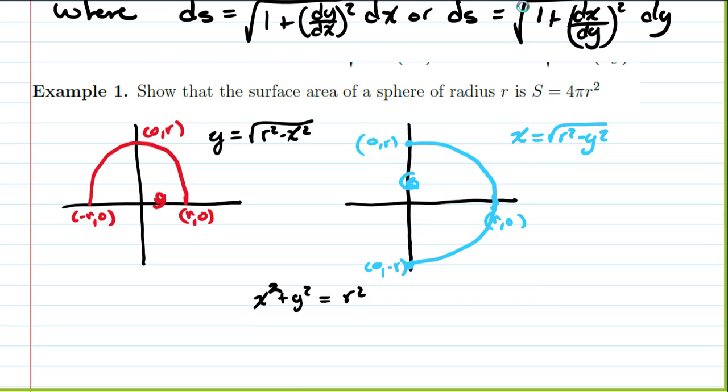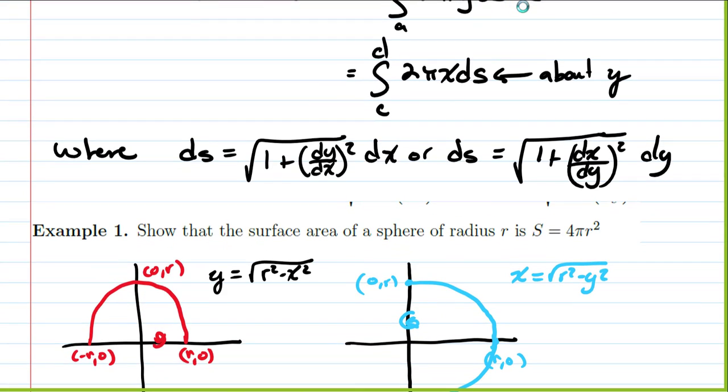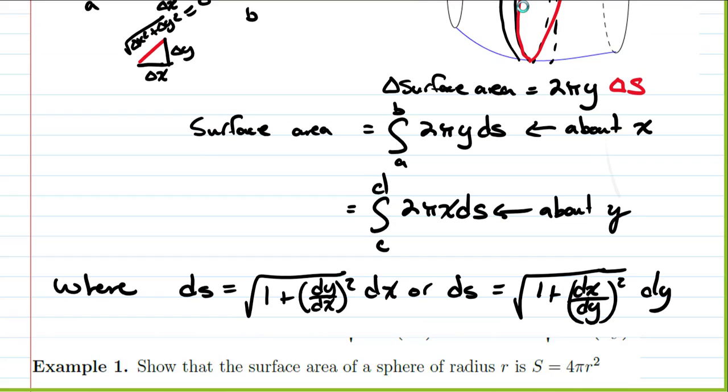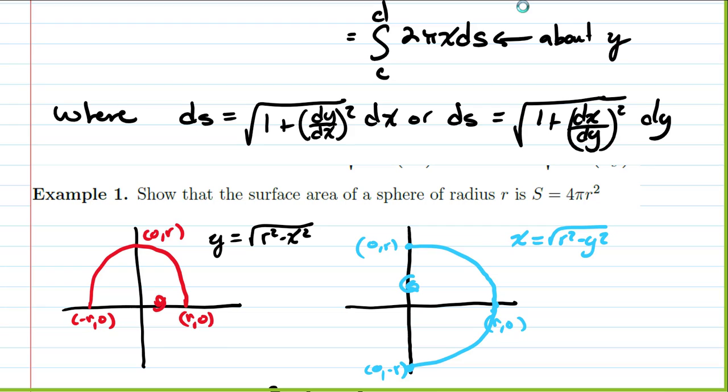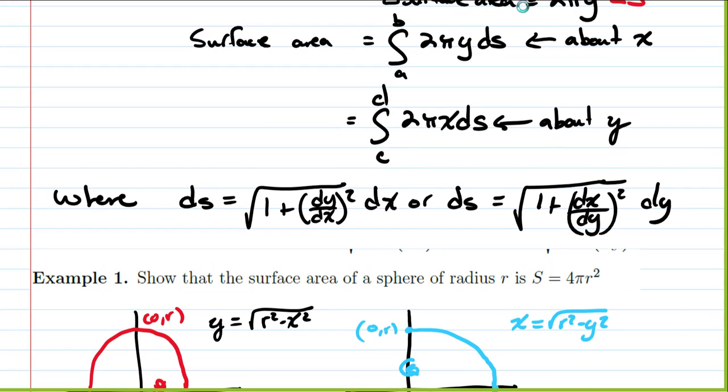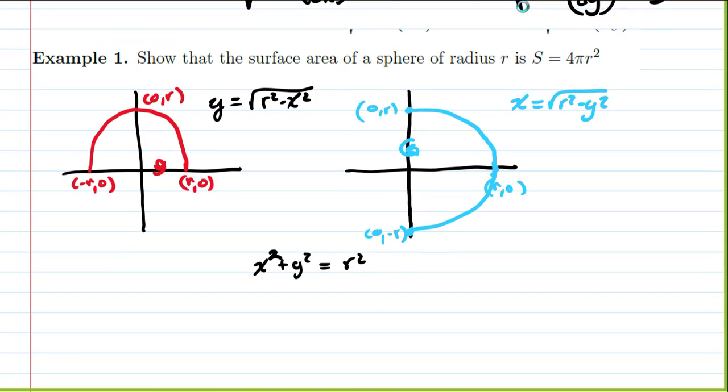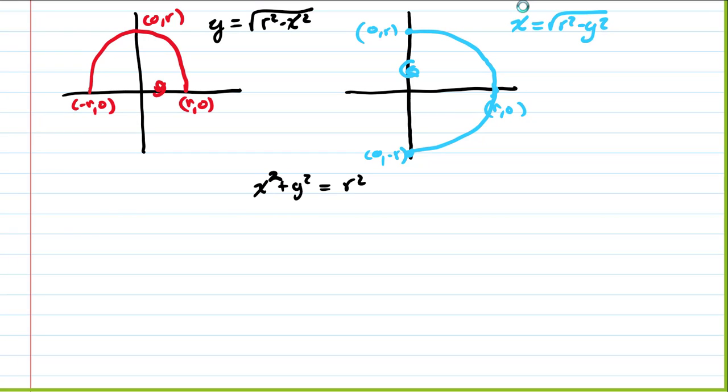So now we want to use one of these two formulas. Just because I feel like it, let's go ahead and use the rotation about the y. So that means we're going to use this one right here, and we're going to rotate about the y. So our limits of integration are going to be from negative r to r of 2 pi x times ds, right?